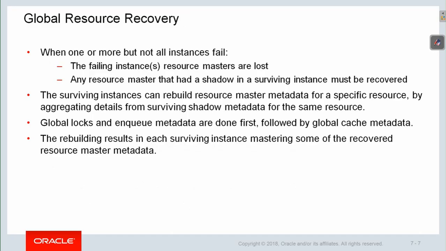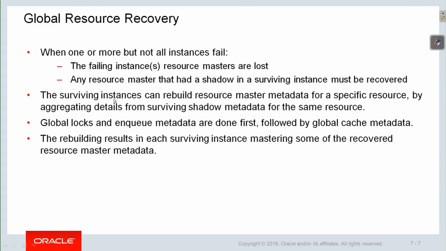And global resource recovery. When one or more, but not all, instances fail, the failing instances' resource masters are lost. Now it's exactly the same as the instance recovery scenario. If one instance goes down, what was the first step? Recovering the global resource directory information. So the metadata in the global resource directory must be redistributed. That will be done behind the scenes before actual block recovery.